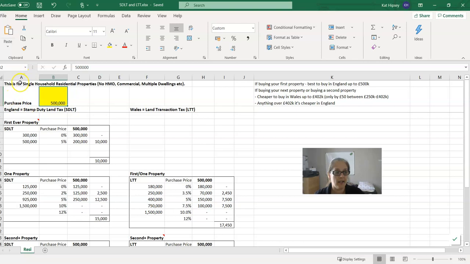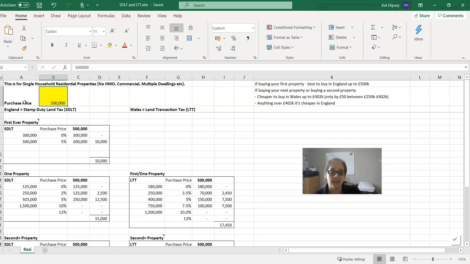This is for residential properties only. There are thousands of rules with stamp duty, but for argument's sake, I'm going to call it stamp duty throughout this recording.